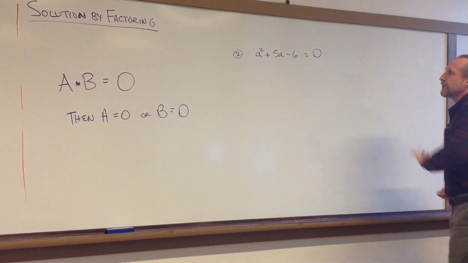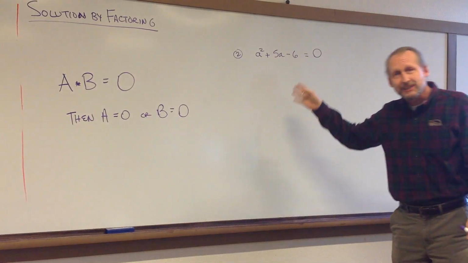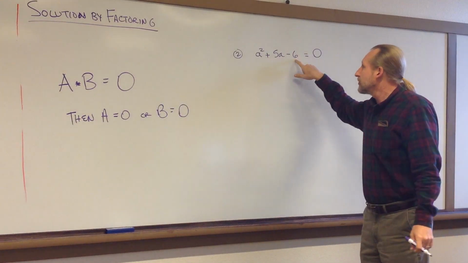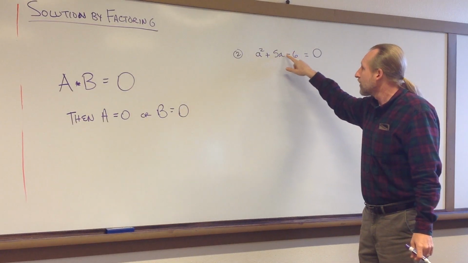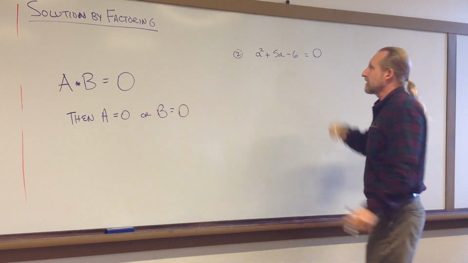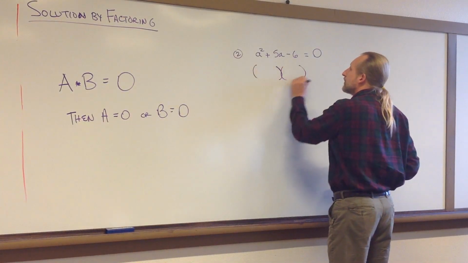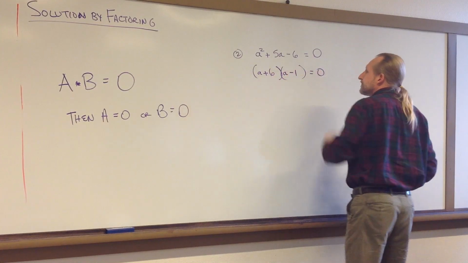And that means everything pushed over to one side and set equal to 0. Now to factor this, be careful because 2 times 3 is 6 and 2 and 3 add up to be 5. We're looking for something to subtract and give us 5, and that's 6 and 1, okay? So this is going to be a plus 6 times a minus 1.